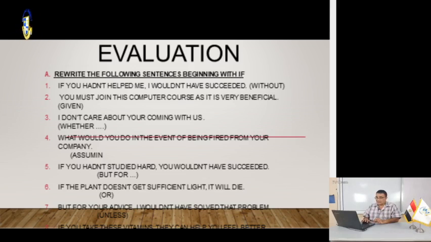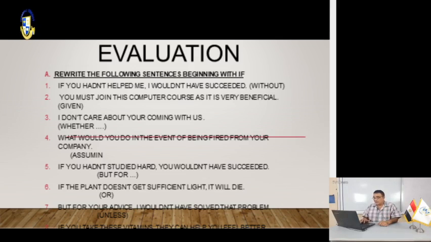Now, number 4, what would you do in the event of being fired from your company? Here we have assuming. Let's say if. Assuming that you were fired from your company, what would you do? Imagine, or think, or if.